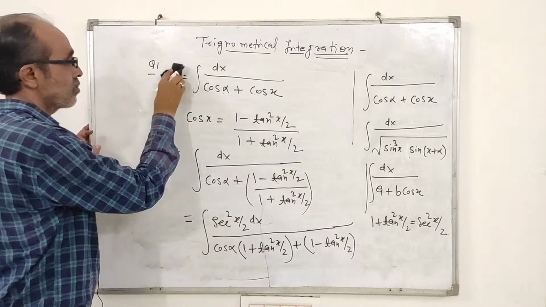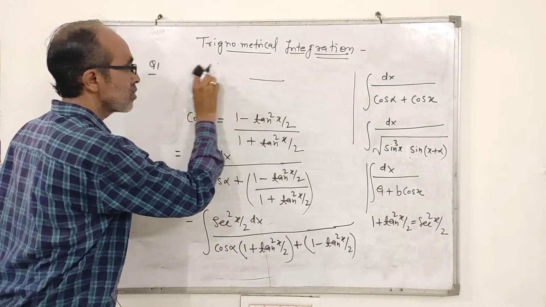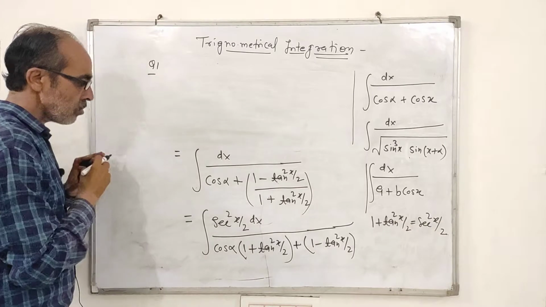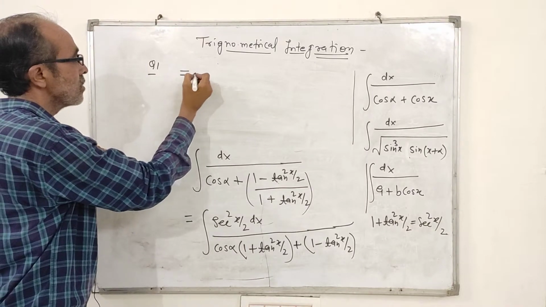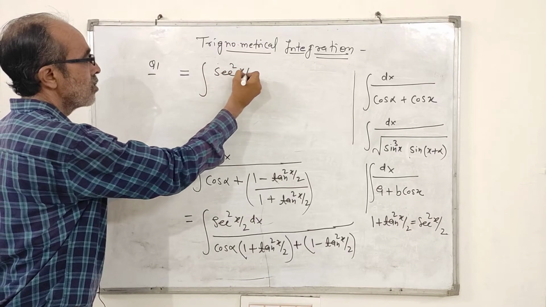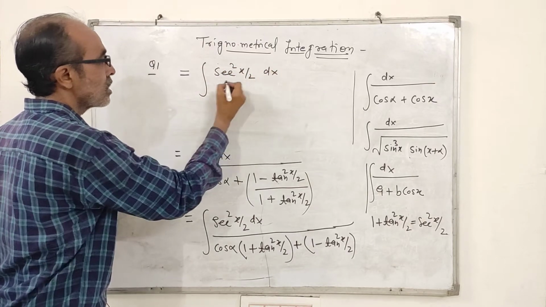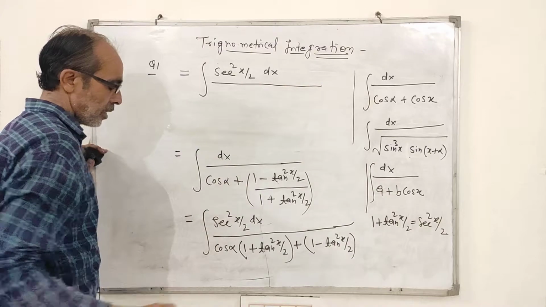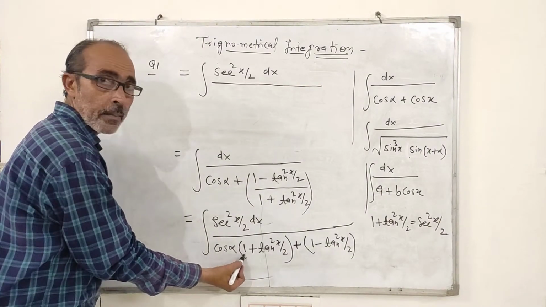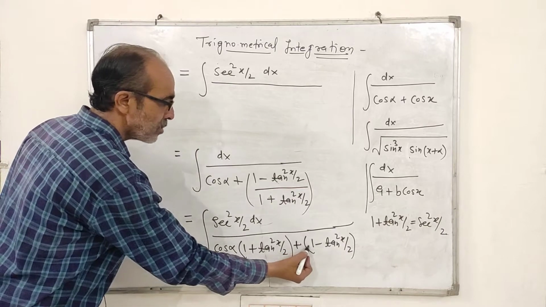And now the integral I is sec square x by 2 dx divided by cos alpha multiplied by 1 is cos alpha, and plus 1.